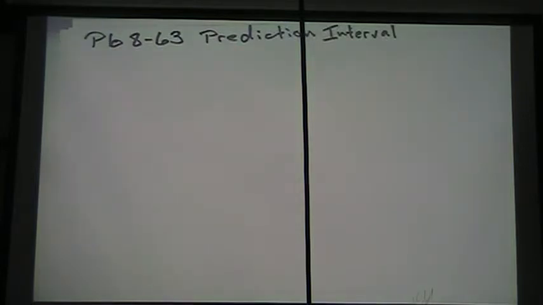Problem 8-63. Consider the syrup dispensing measurements described in exercise 8-29. Compute a 95% prediction interval on the syrup volume in the next beverage dispensed. Compare the length of the prediction interval with the length of the 95% confidence interval on the population mean. Well, we're not going to worry about that too much.